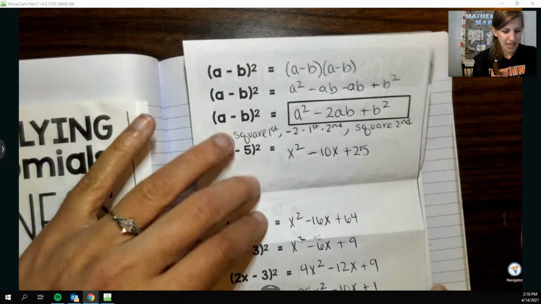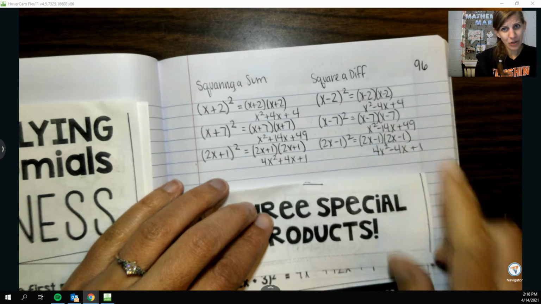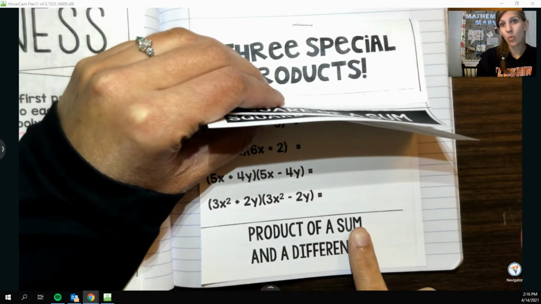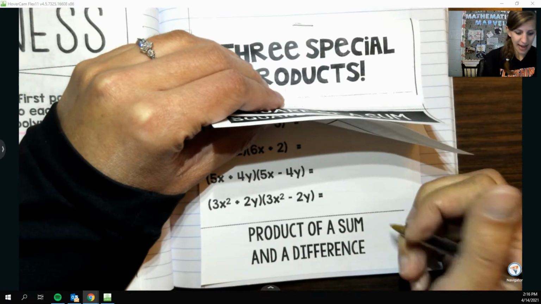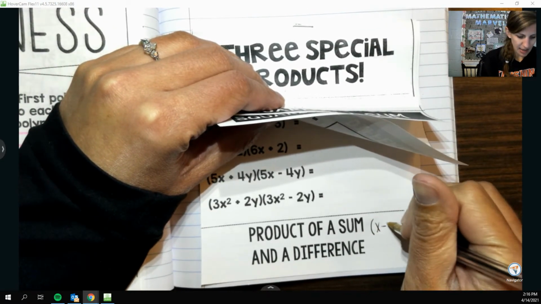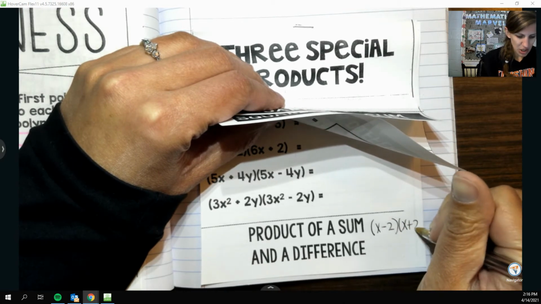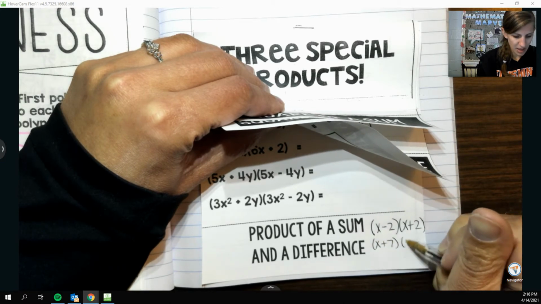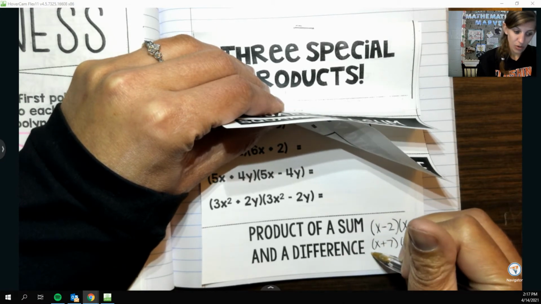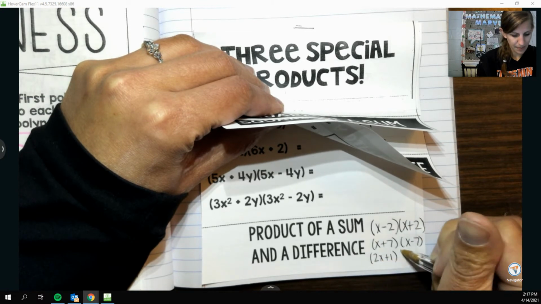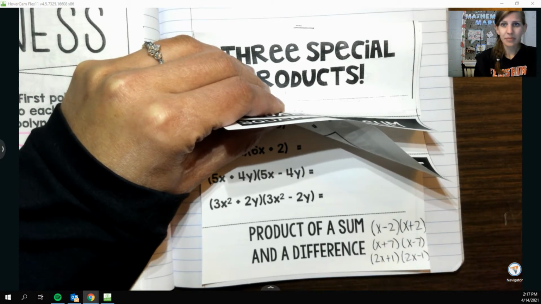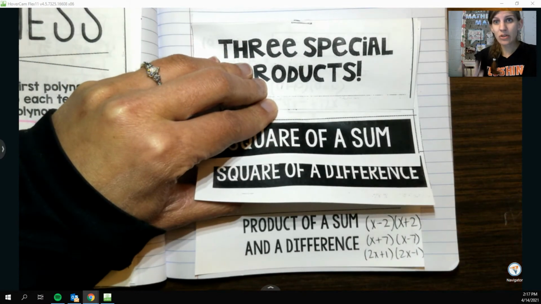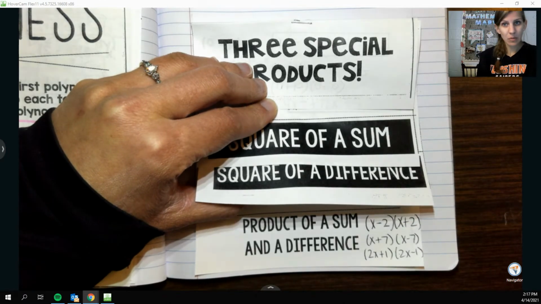Last but not least, these are kind of the two trickier ones. I like this last one the best. If I multiply one that's adding and one that's subtracting, so like x minus 2, x plus 2, or x plus 7, x minus 7, or 2x plus 1, 2x minus 1, what's going to happen every time when I do it slow is those middle two terms, one will be positive and one will be negative, right?